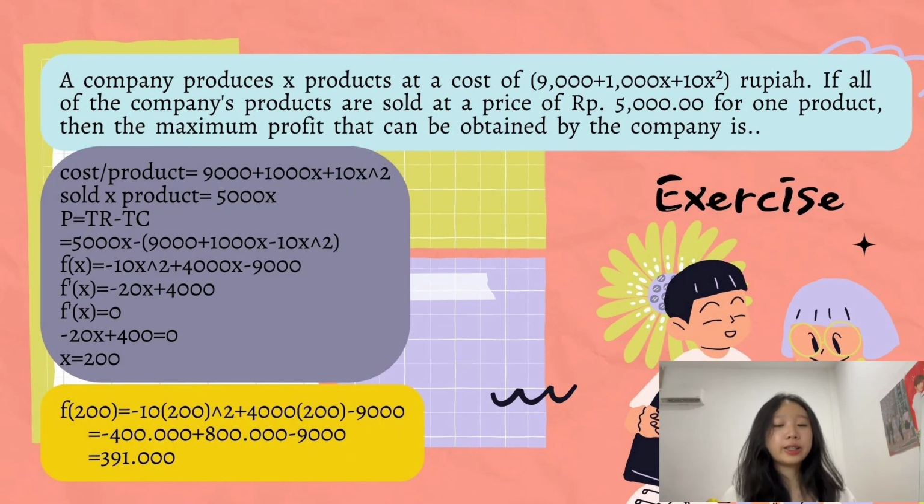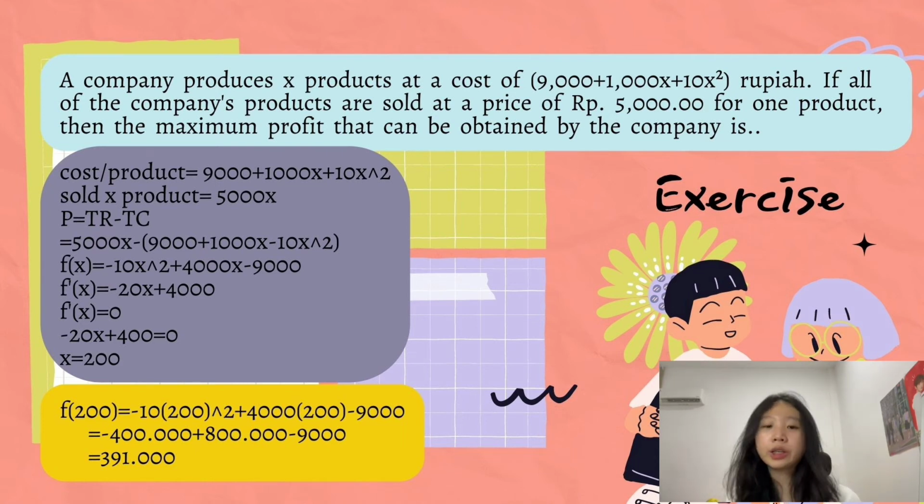For the second example, we have to determine the maximum profit of a company which produces an amount x of product. So the way we do it is we determine f(x). The cost per product is 9,000 plus 1,000x plus 10x power of 2, and the amount of product sold is 5,000x.